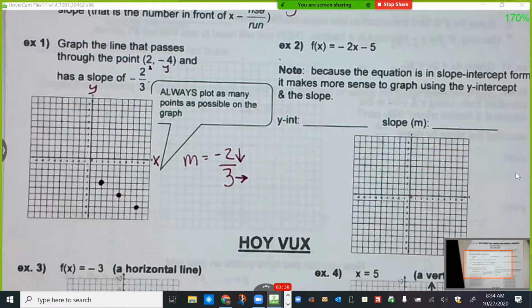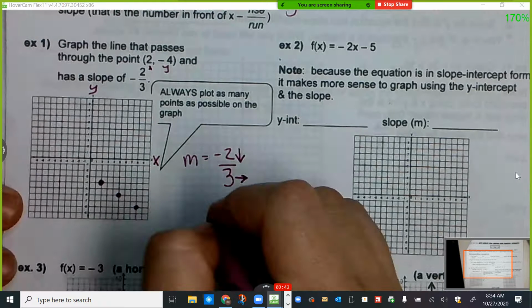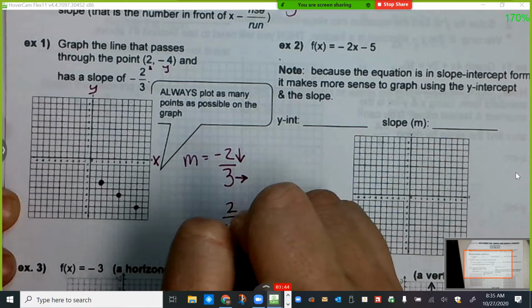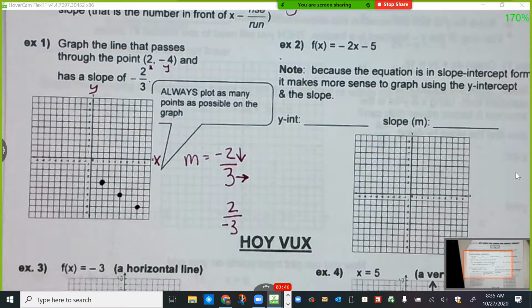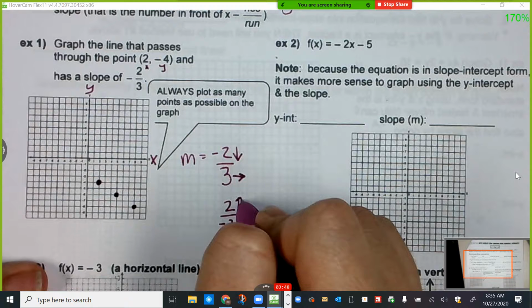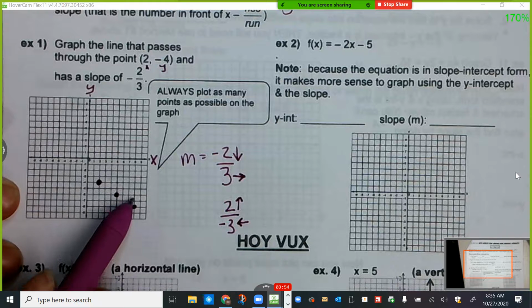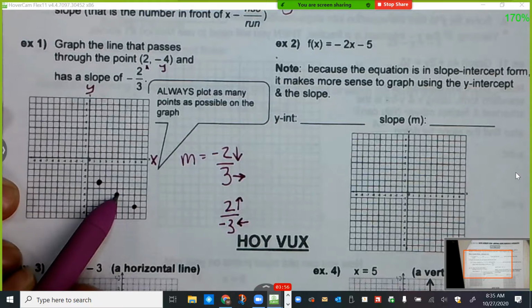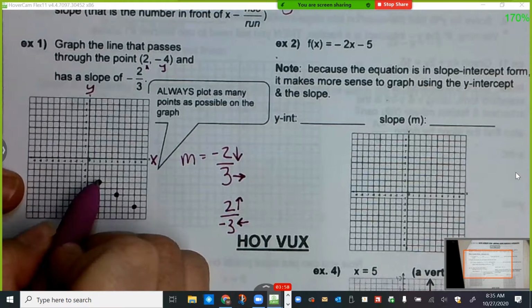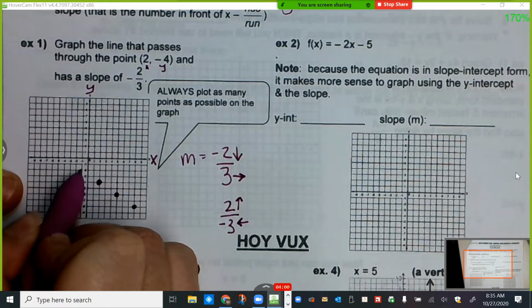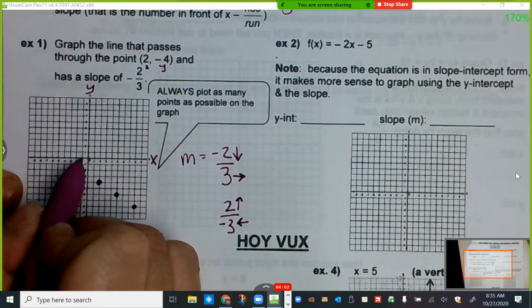No. We have all this space over here to follow that pattern. So if you move that negative to the bottom, now you rise 2, but you go left 3, right? And does that follow the pattern? If I go up 2, left 3, did it work? Yeah, it still follows my pattern. So up 2, left 1, 2, 3.